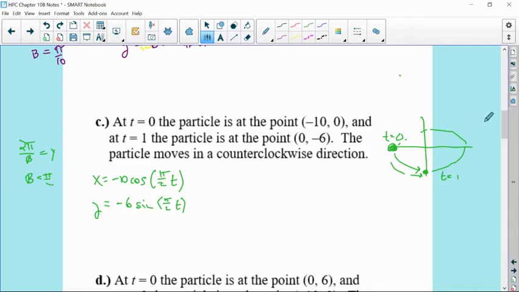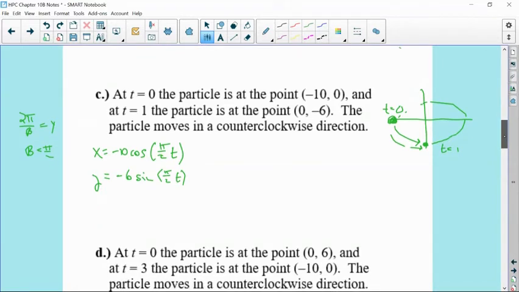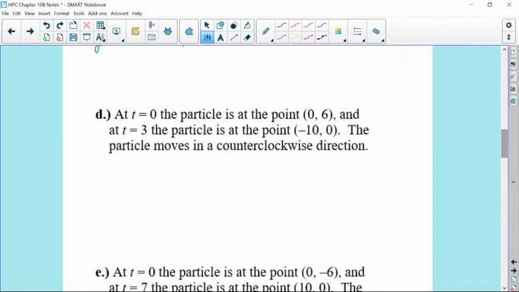Okay, let's look at the next one. This one I can already sneak a peek. I'm starting on the y-axis, (0, 6). So that's the first time where cosine's not going to go with x. Because cosine of 0 actually gives you something, I need to put the cosine function with the y variable. So at time equals 0, I need to make sure that my y value gives me something, and it's up to 6.